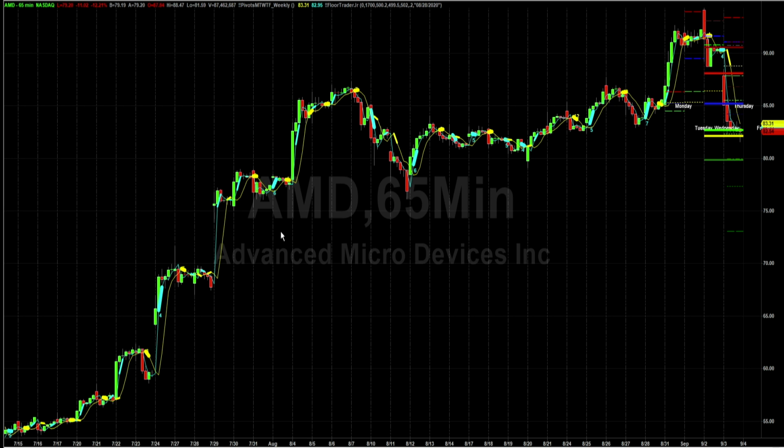However, if you look at this gap from 69 to roughly 75, it's currently trading at 82. So over the next month this could work its way down from 82 to this level of 69, or even down here to 61 or 62 as the market sells off into the end of the year.